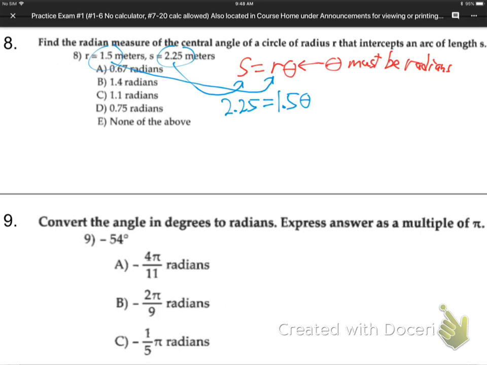And that's what they want me to find: the radian measure of the central angle. Find theta, the measure of the angle. How do I solve that equation? Everybody good so far? Just took S equals R theta, plugged in S, plugged in R. How do you solve for theta? Theta said, I want to be alone. Divide by the 1.5.